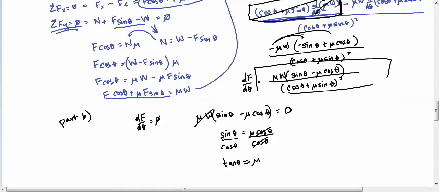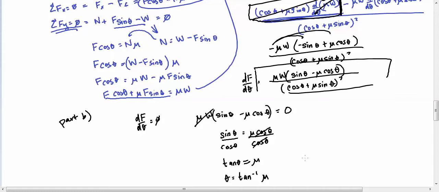And so I want to figure out what theta is. I just take the inverse tangent of both sides, and I have theta is equal to the inverse tangent of mu. All right. So what is that physically saying?